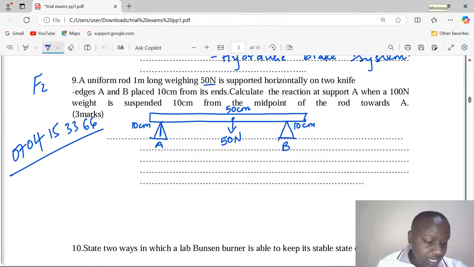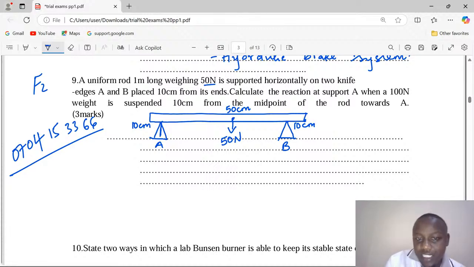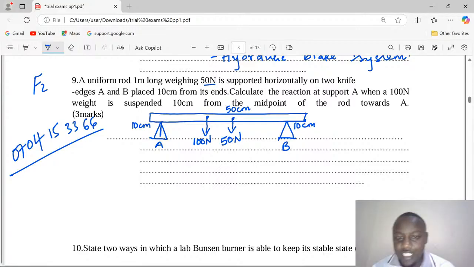Then what are we saying next? We are told to calculate the reaction at A when 100 is suspended 10 centimeters from the midpoint. The midpoint is 50, so 10 centimeters away, it means somewhere here. There is 100 Newton downwards acting there.